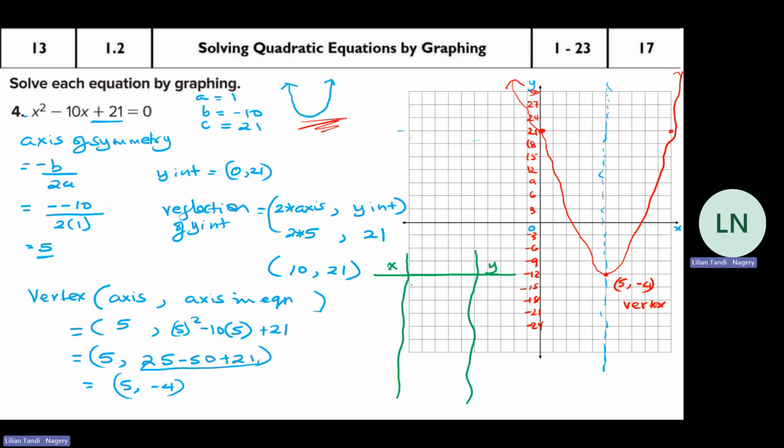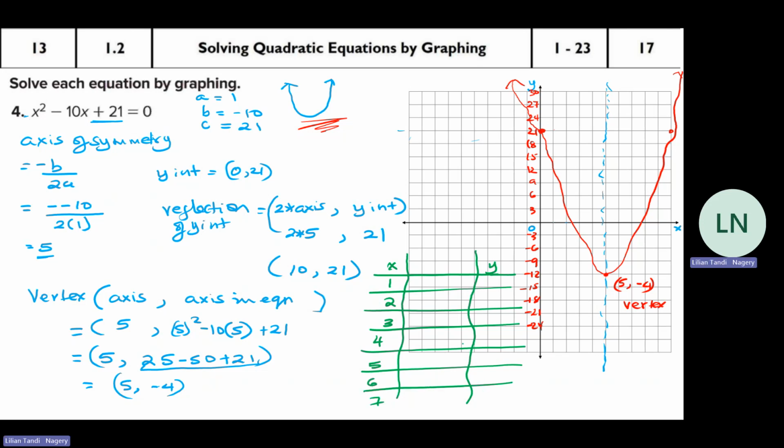You want your solutions. So me, I did 1, 2, 3. Why I didn't use negative numbers? Already I can see my graph is on the positive side. Why should I do negative numbers? So 5, 6, 7. So this will be 1 minus 10 plus 21. This should be 4 minus 20 plus 21.